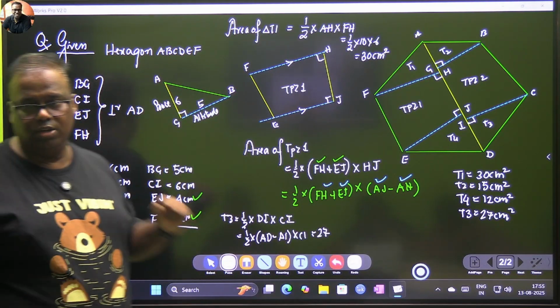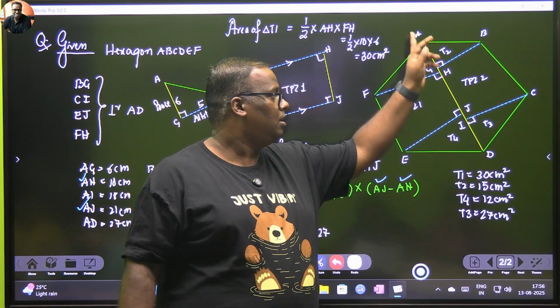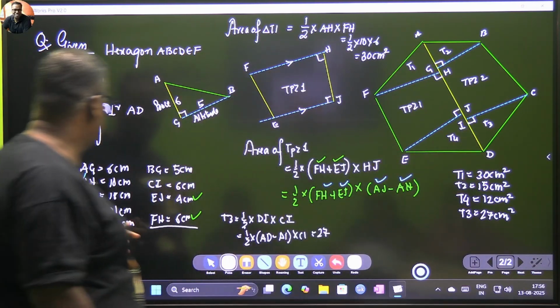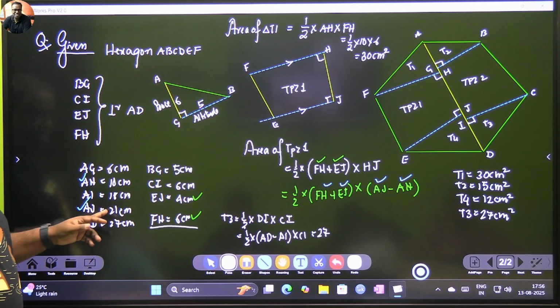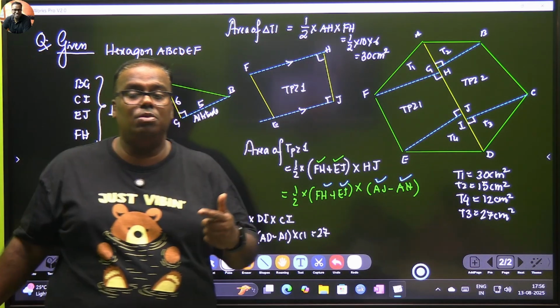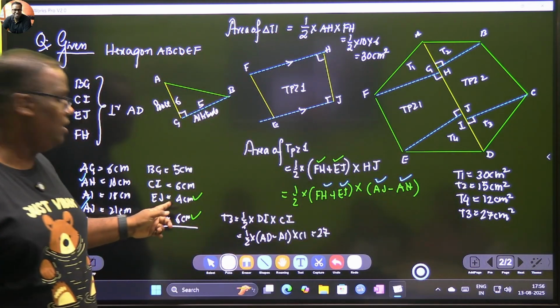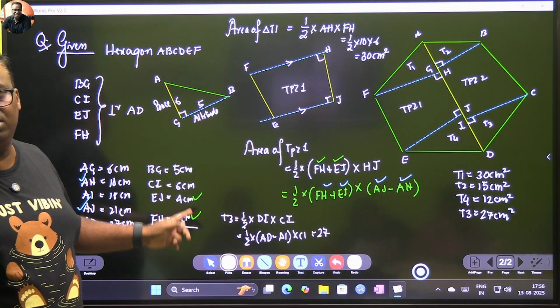DJ data is not given to us. How do you find out DJ? AD minus AJ. So what is AD? 27 minus AJ 21. So how much is it? 6. 6 into half means how much? 3 multiplied by EJ. What is the value of EJ? 4. So 3 into 4 is how much?